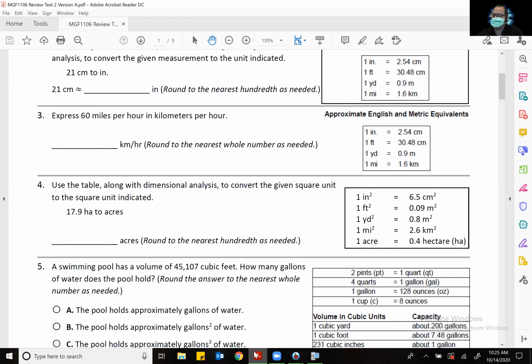So we have 17.9 HA, which I call a hectare, and we want to convert that to acres. What is the conversion we need from our chart over here?